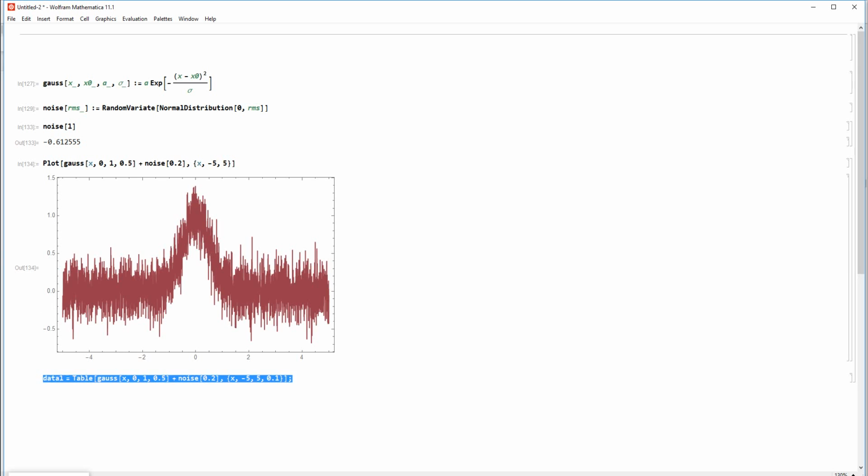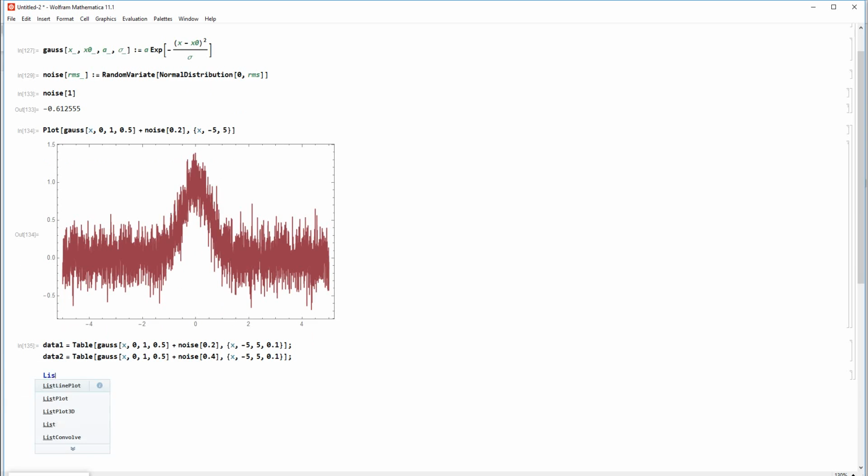And then we have colleagues in another institute. They have a different setup, a different noise level. They do the same experiment, but let's say they have a much worse experiment. The noise level is 0.4.